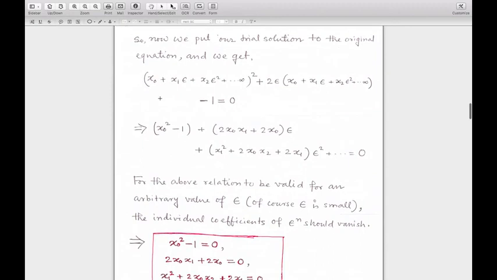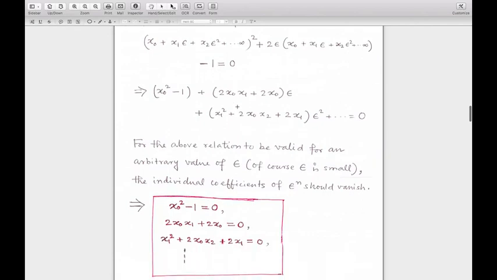That equation will now be x0 plus x1 epsilon plus x2 epsilon square up to infinity, squared, plus 2 epsilon times again the total series, minus 1 is equal to 0. Now we can write the total thing as a polynomial of epsilon.